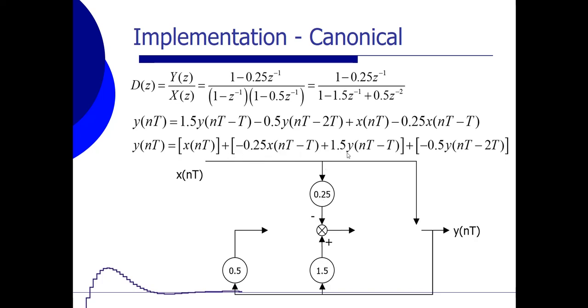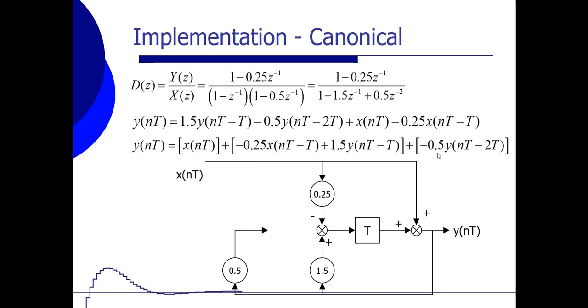This is my output signal, one sample delayed, multiplied with the 1.5 over here, with the plus over here. And now we're not going to use the delays in these branches, but we're going to use one delay in which we are going to implement the difference of the input and the output. And we add that to the input over here, and then we get this part of the difference equation.